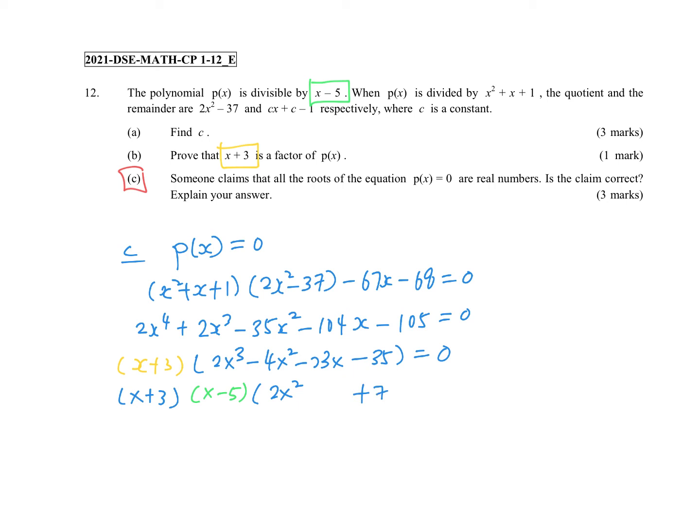And then the x term will be plus 6x. Why? Because 6x times negative 5 becomes negative 30x, plus 7x becomes negative 23x. So here we use comparing coefficients to obtain it.